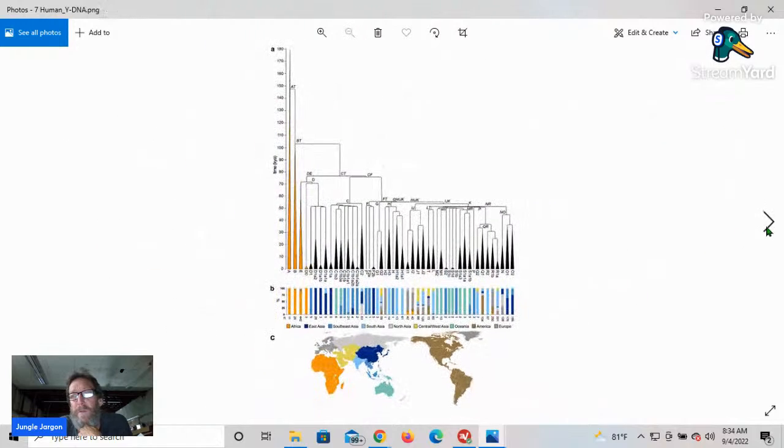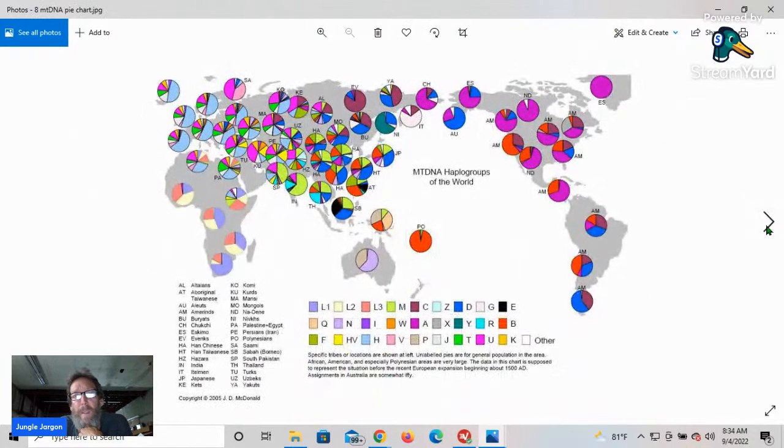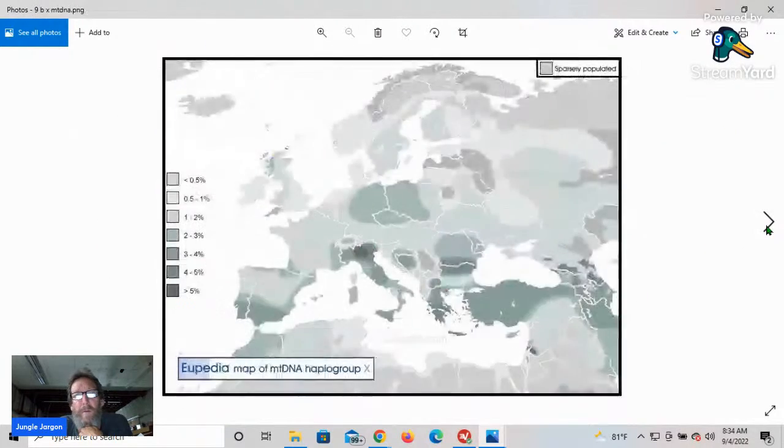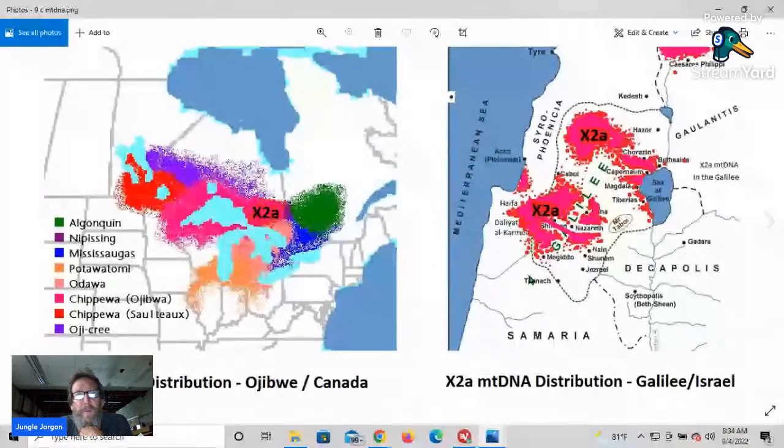What else do we have in America? Let's see. Got something. What's this? Mitochondrial DNA in the Great Lakes region in America, in the indigenous populations, all these indigenous populations here.